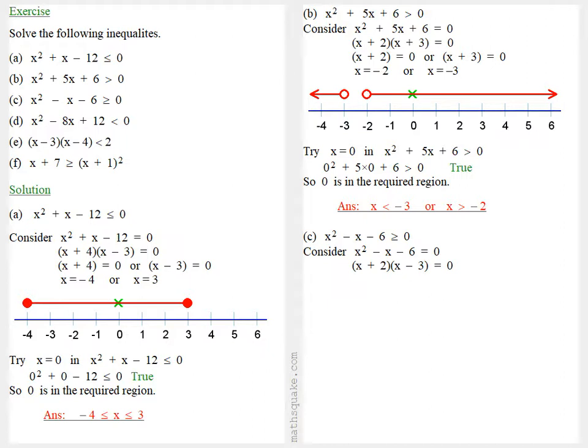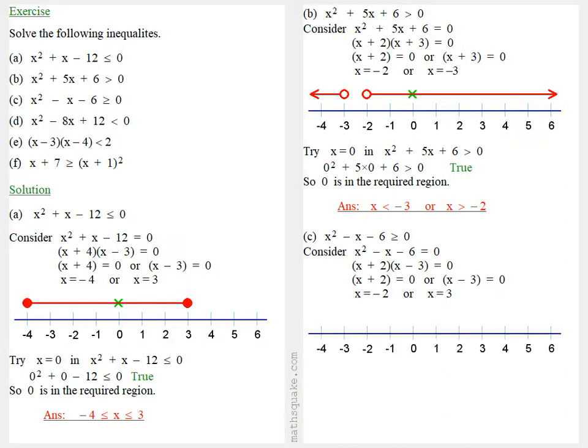So x plus 2 times x minus 3 equals 0. Which means x plus 2 is equal to 0, or x minus 3 equals 0. So x is minus 2, or x equals 3. Now we can draw that on a number line as 2 points, one above minus 2 and one above 3, and they are filled in because the original equation does have an equals sign in it.